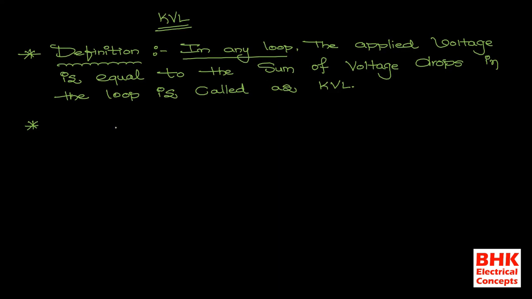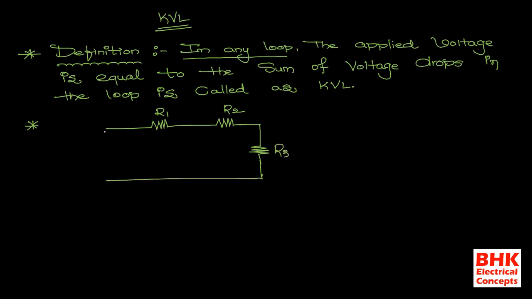Now see here what I am doing. For example, this is the resistance R1, this one is the resistance R2, and this one is the resistance R3, and the circuit is closed like this.